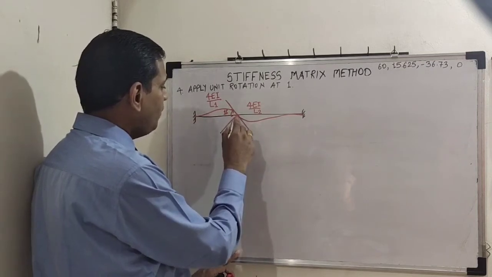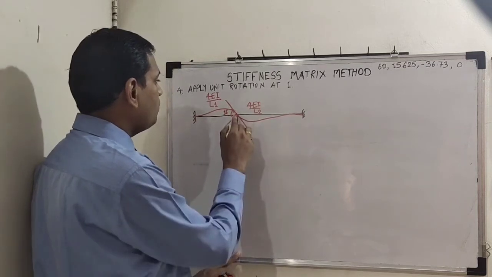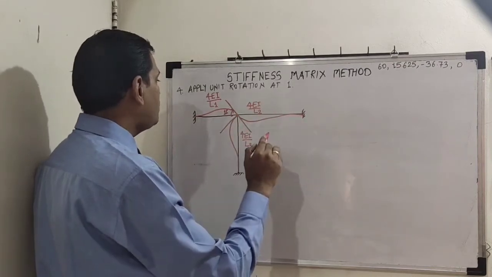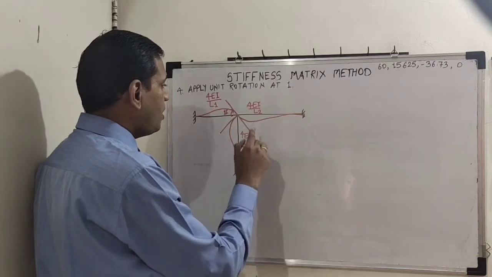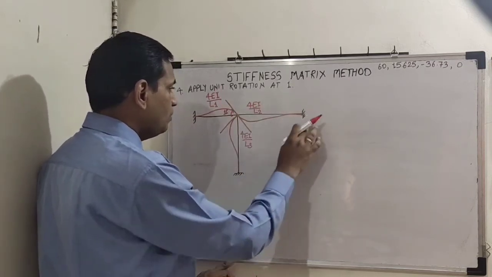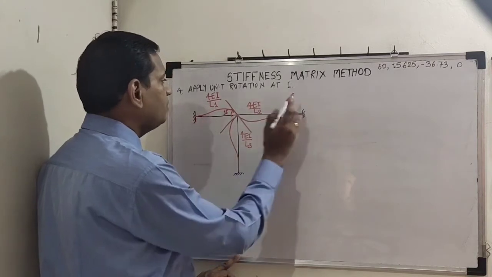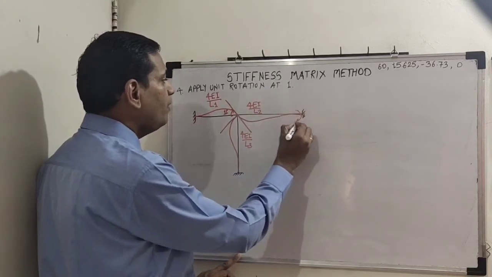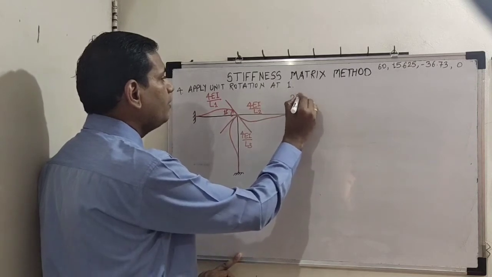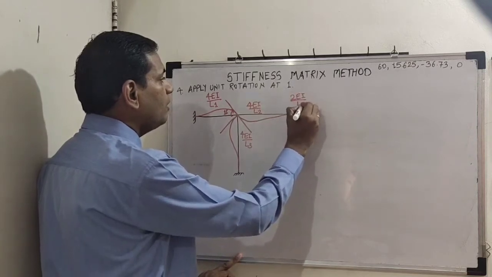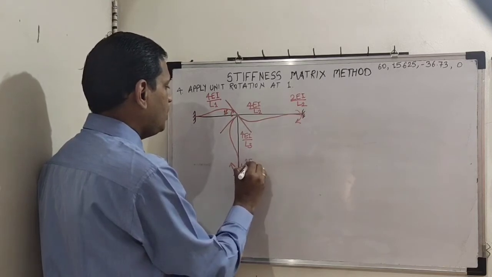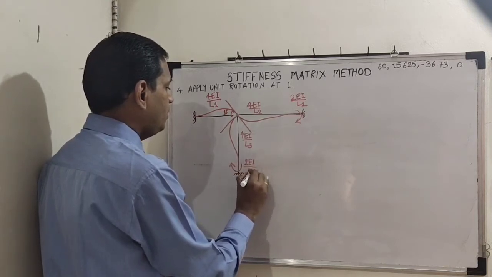This is propped cantilever end, this is fixed. This is propped cantilever end, this is fixed. So on all the fixed ends we will have half values of these three stiffnesses. So we need these two, we don't need here. So I will show here half value from this end as 2EI by L2. Okay. Third is here 2EI by L3.